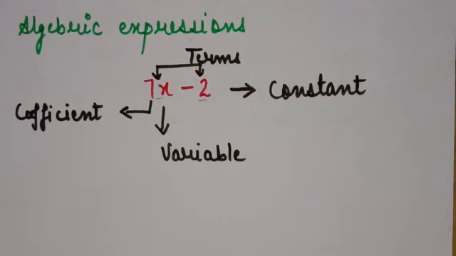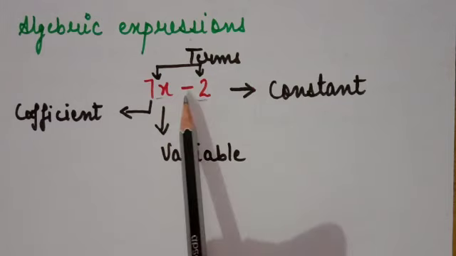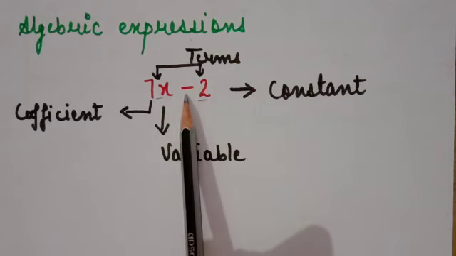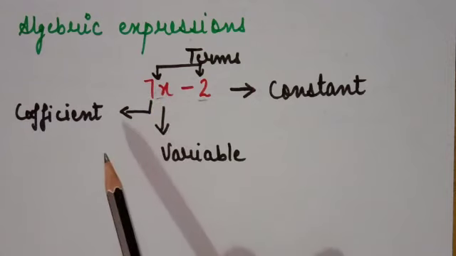So what is the proper definition of algebraic expression? Algebraic expressions are those expressions in which variables and constants are connected with some mathematical operations like addition, subtraction and multiplication. So students, here we have subtraction, here we have multiplication.